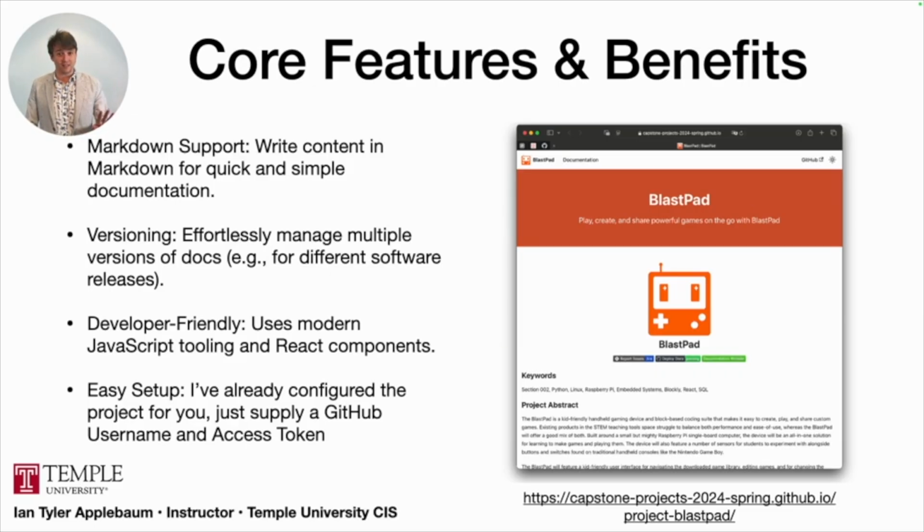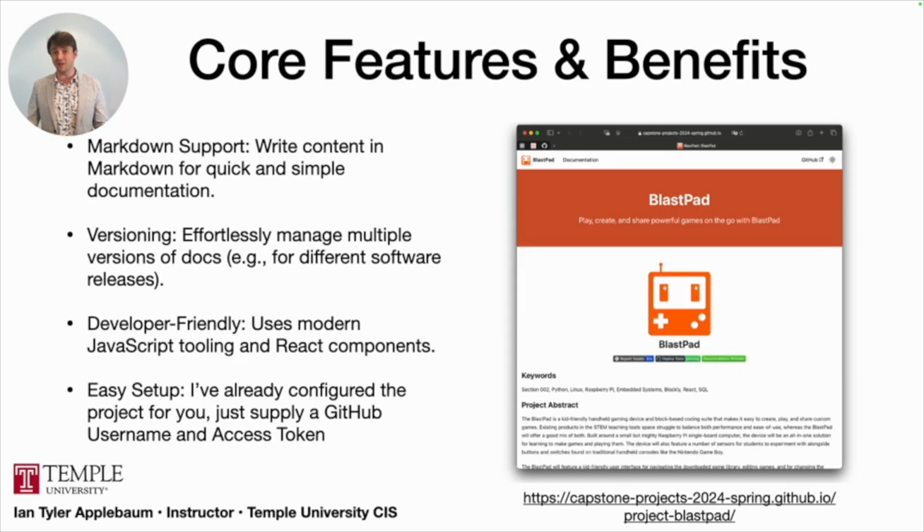The setup is really easy because I've already configured the project for you so that all you have to do is provide your username and your GitHub access token, and then there's an action script that just happens in the background that pushes your actual website code to the GitHub Pages branch, which launches your static web page.